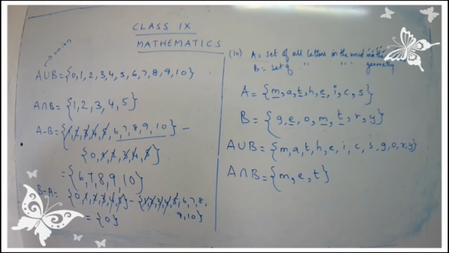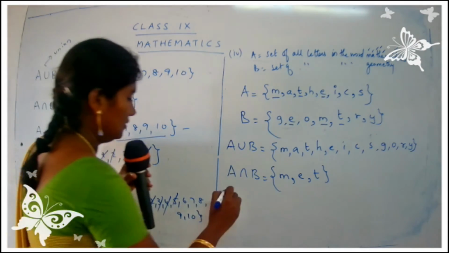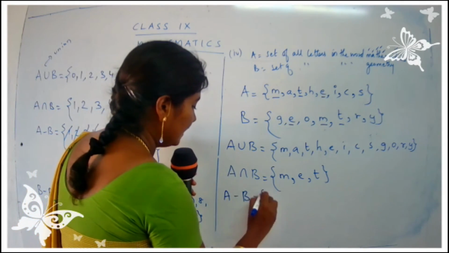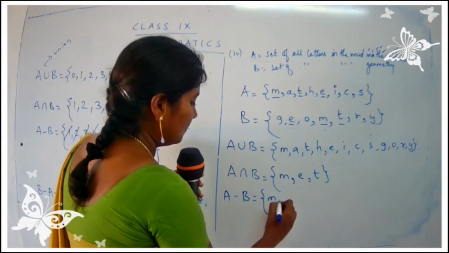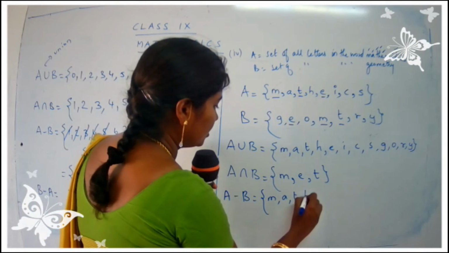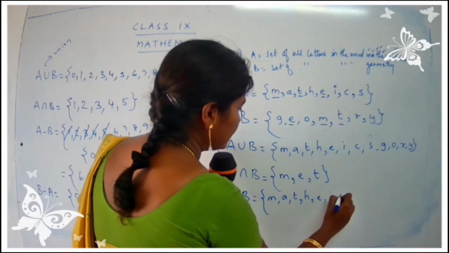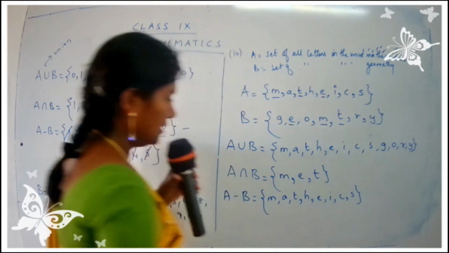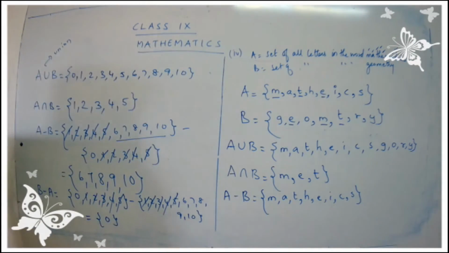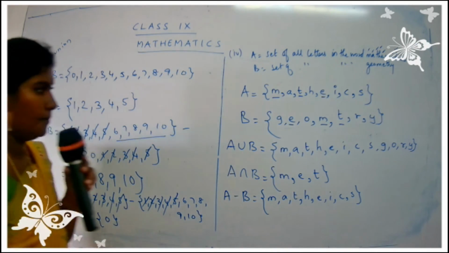Next one. Let's go for the next subpart. A minus B. A is M, A, T, H, E, I, C, S. Minus. What is B?